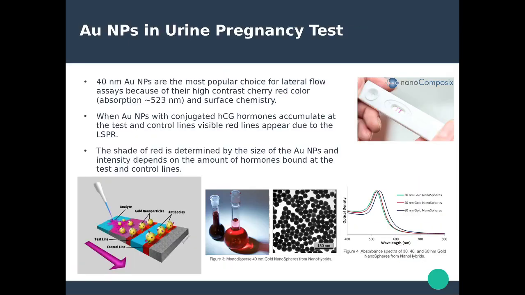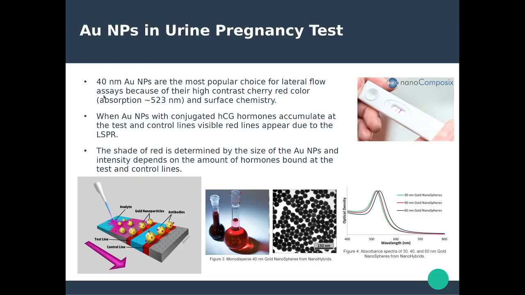There's been a lot of work also done using nanoparticles as sensors for more practical applications that you can find anywhere, like pregnancy tests. So this is just an example of a lateral flow assay that can be used for a pregnancy test. The idea is to use gold nanoparticles, typically 40 nanometers in size.